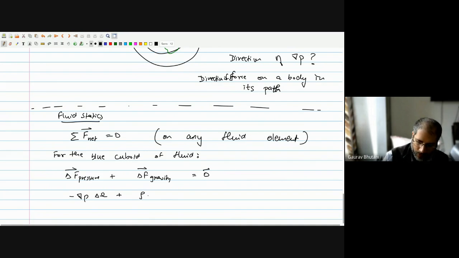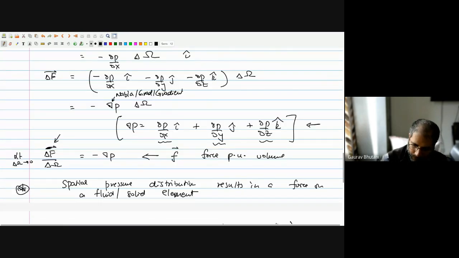The mass is the density, and in this case even the blue volume is the same fluid, so I'll use only the rho symbol for density times the volume, that's mass, times g. Just remember that this grad P is actually a vector. I'm not putting a vector sign because it's common notation that P is a scalar, but when you put a grad symbol in front of it, it results in the quantity I've written here, which by definition becomes a vector.